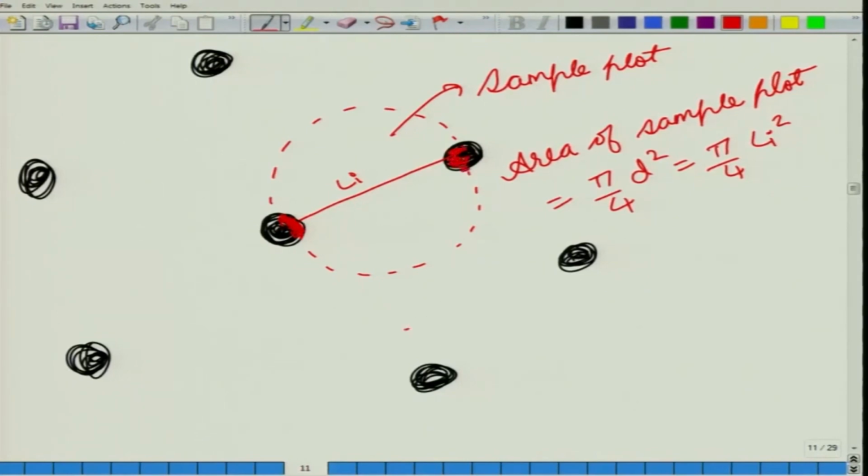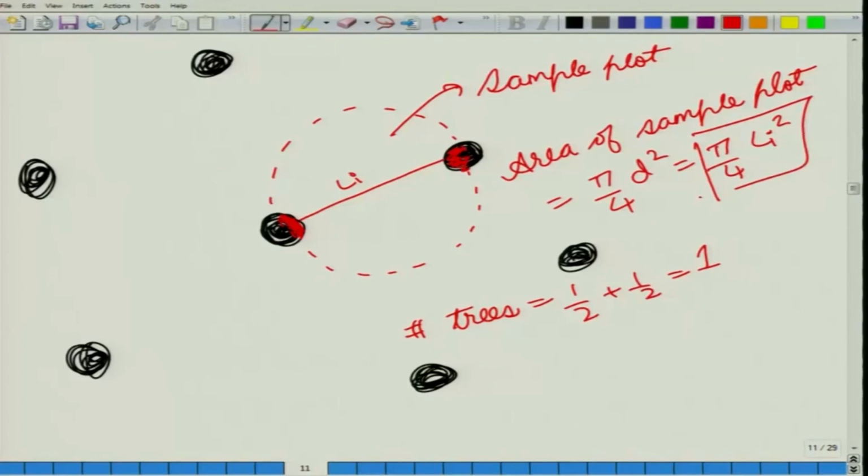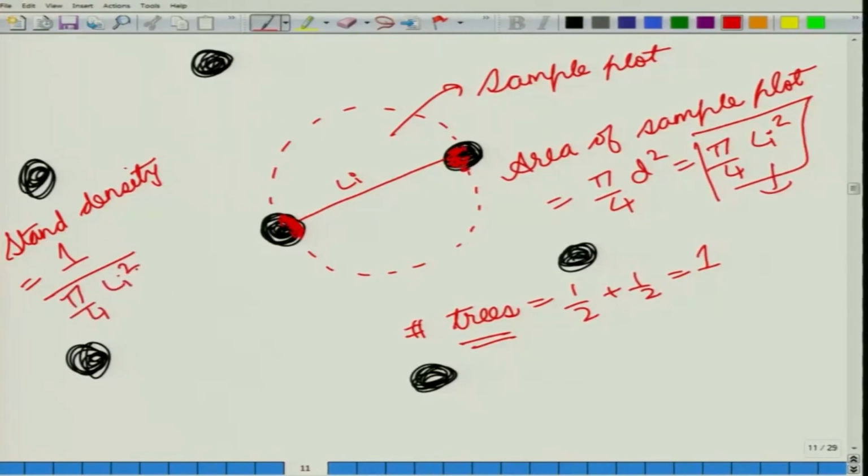So, the total number of trees is half plus half, that is one tree. Now, we have one tree in this area, pi by 4 Li square. So, what is the stand density? The stand density is given by the number of trees, that is 1, divided by the area of the sample plot, which is pi by 4 Li square.